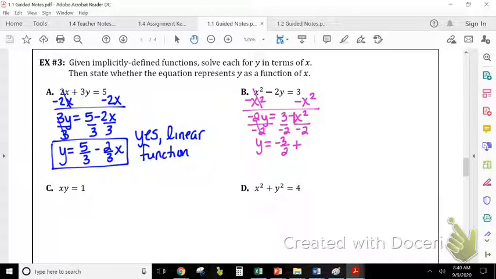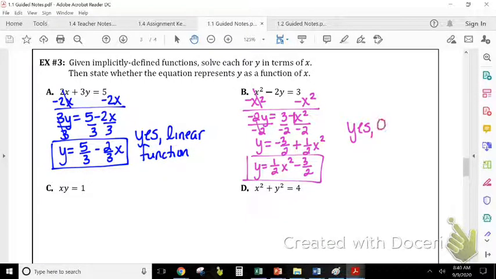Remember, there's a 1 in front of that x squared, so it'd be 1/2 x squared. Or if you want to, you could write it as 1/2 x squared minus 3 over 2. Either one is correct, okay? And then it asks, is this a function? Well, it's got an x squared there, so yes, this is a quadratic function.